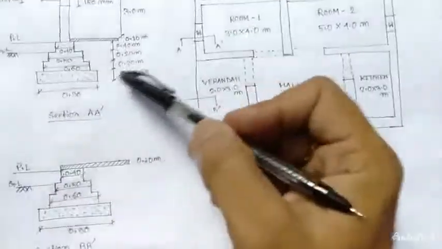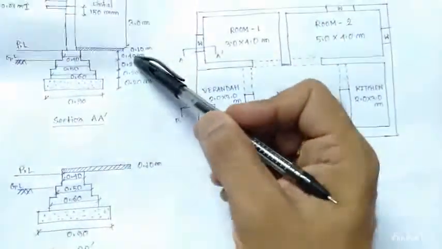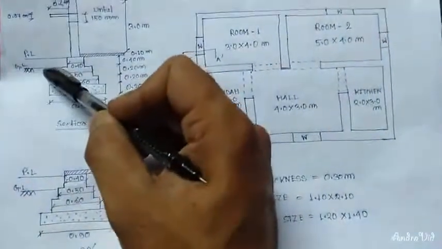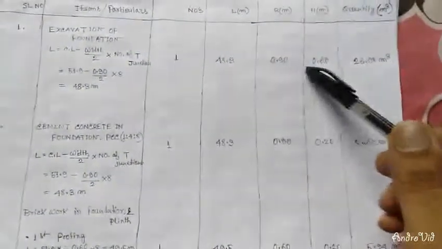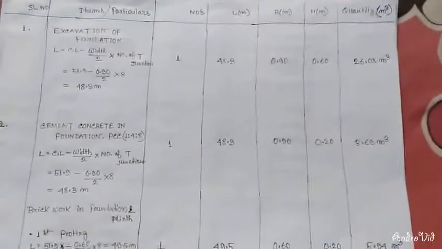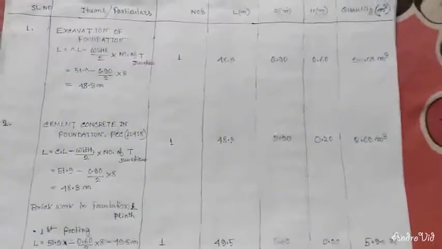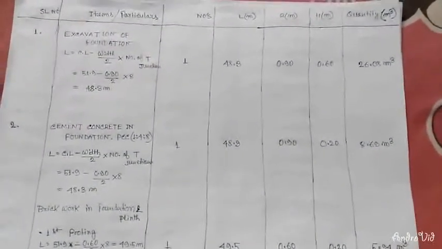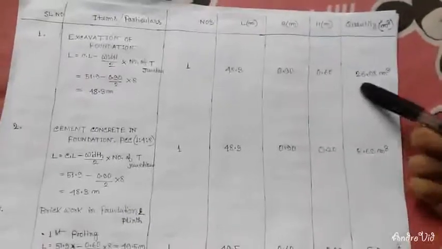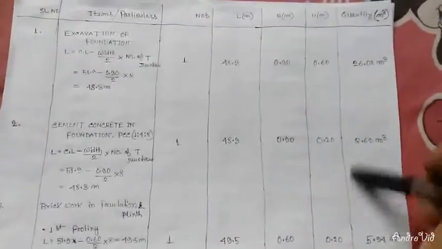We have already determined the height is 0.2 plus 0.2 plus 0.2 from this level to ground level. So this will be our height of excavation, that is 0.60. So after multiplying we got the quantity for excavation in foundation, and that is 26.08 meter cube. So this was our first item, excavation of foundation.